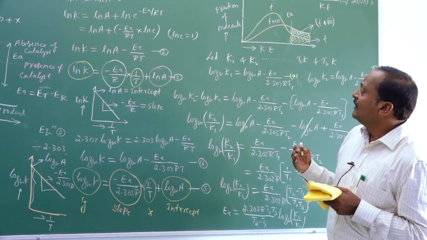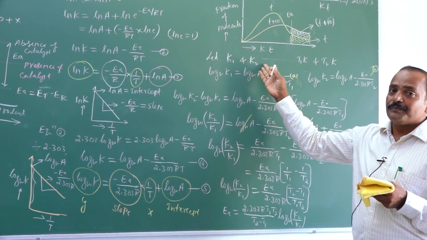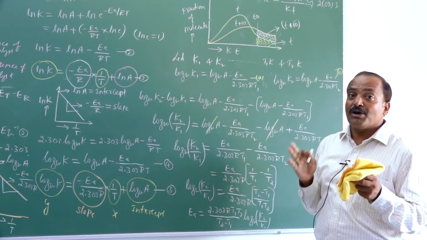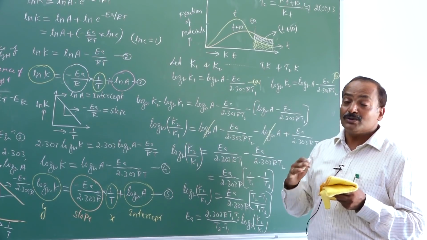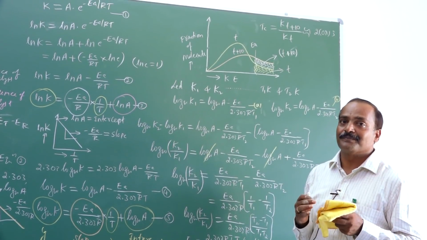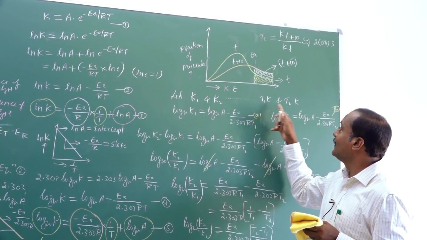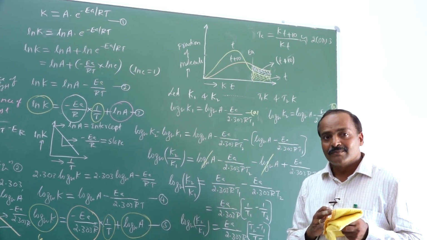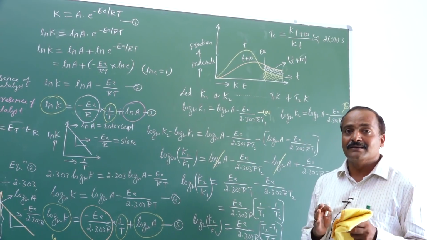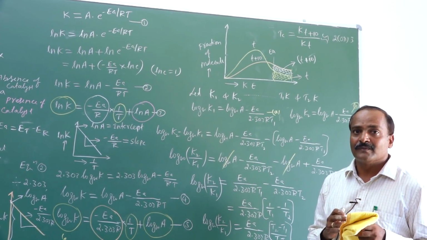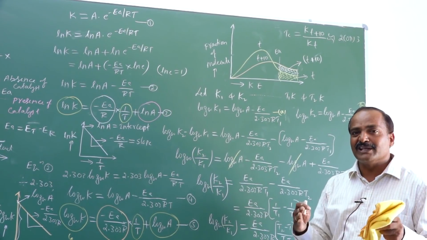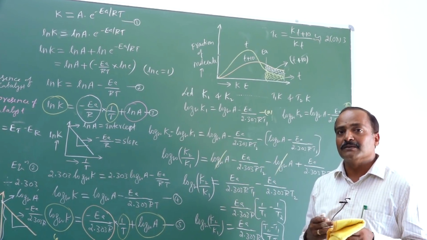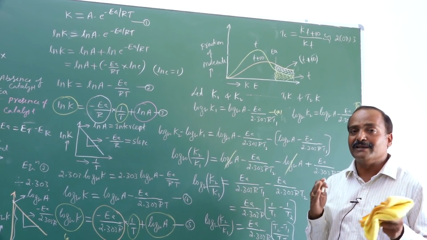Let K1 and K2 be the rate constants at two different temperatures, T1 Kelvin and T2 Kelvin respectively, but differing by 10 Kelvin, maybe 10, 20, 30 or 40 Kelvin, but minimum 10 Kelvin.